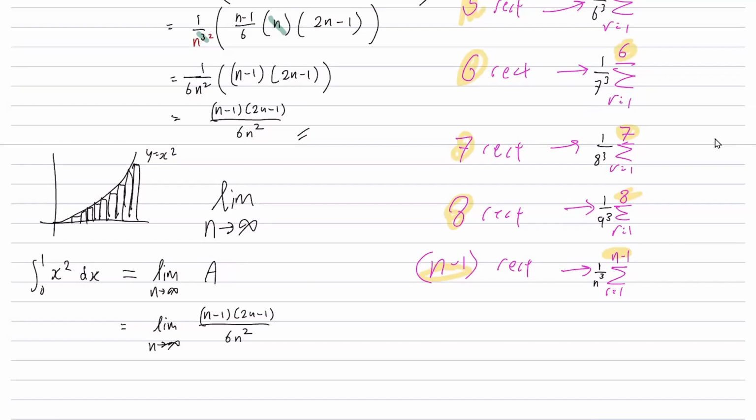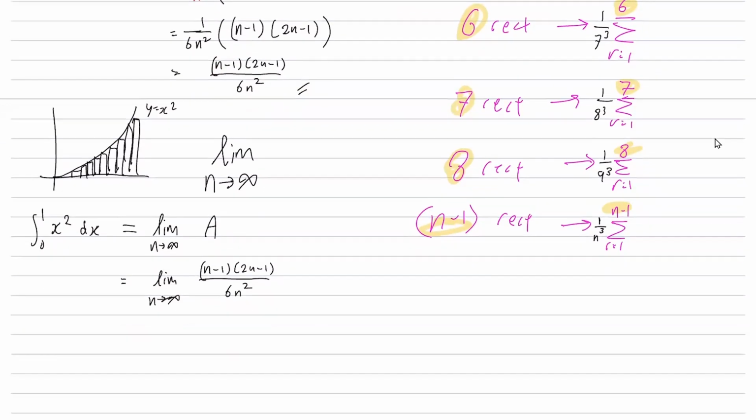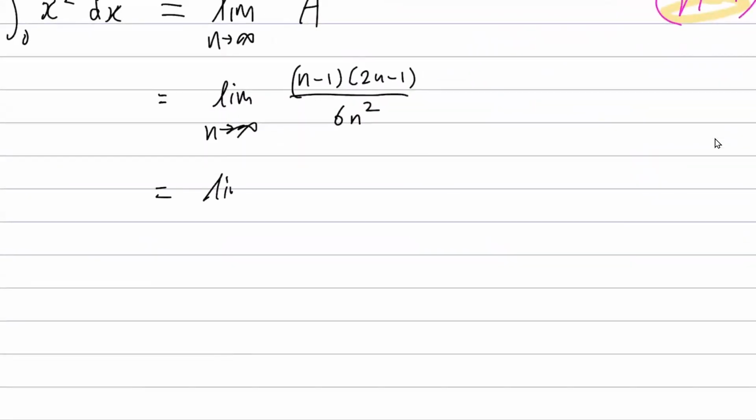So technically, even if you couldn't derive the formula for A, you can still use it to solve this part of the question. Then how do you take the limit of our expression? Here's how you do it. Let's expand the numerator. We get 2n squared minus 2n minus n, that's minus 3n, plus 1, divided by 6n squared.